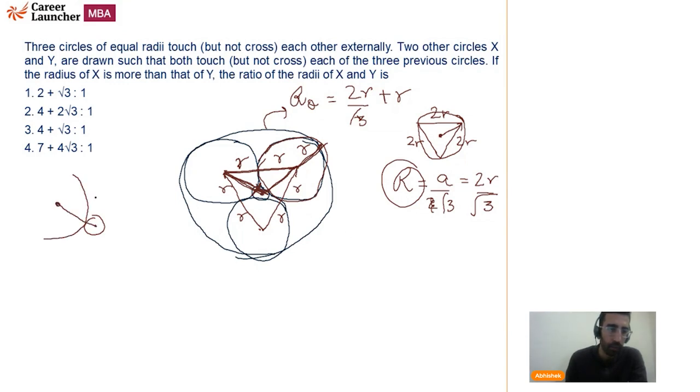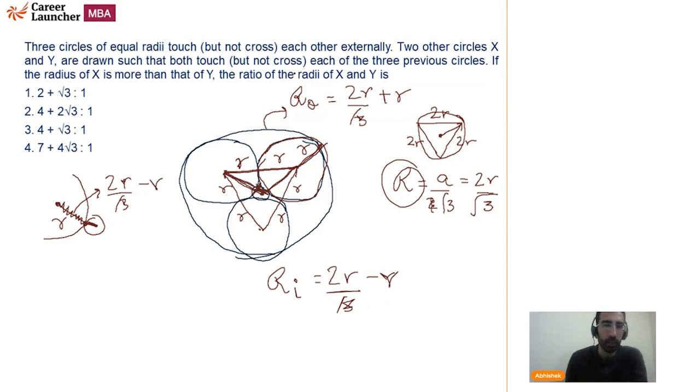From here to here, this center, this is capital R, the circumradius, 2r by root 3. Just subtract this distance till here, which is r, and I'll get the radius of this shaded portion. So the inner radius is 2r by root 3 minus r.